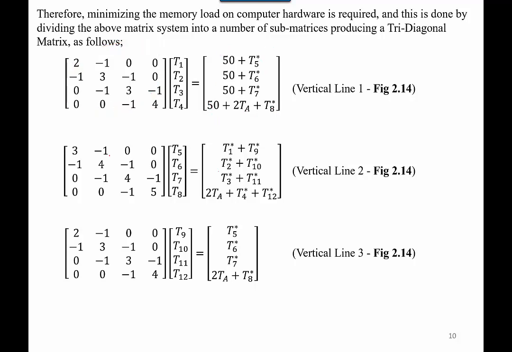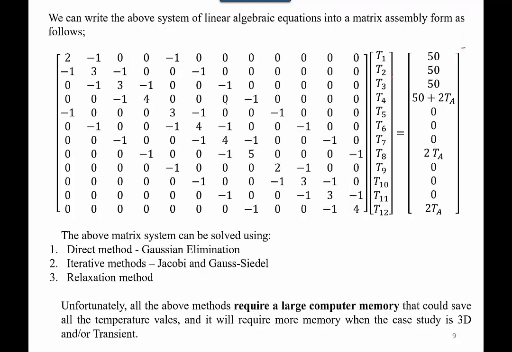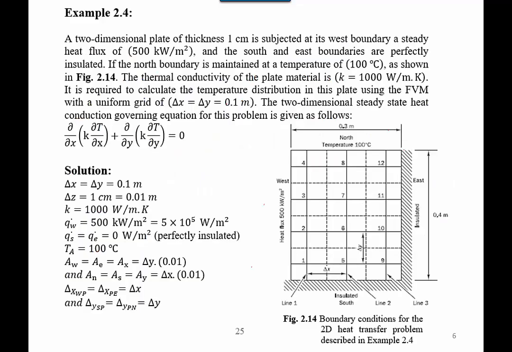If we focus on these 3 submatrices, we would find that for matrix number 1, for vertical line number 1, we find here T5 star, T6 star, T7 star, and T8 star. If we go back to the grid, we will find that the source term has the values of T5 star, T6 star, T7 star, and T8 star.